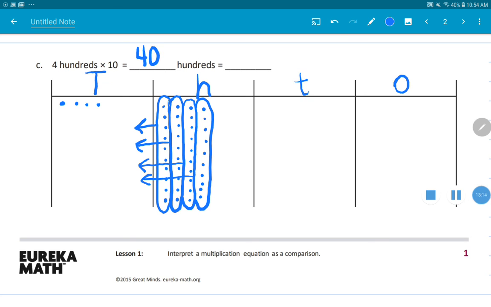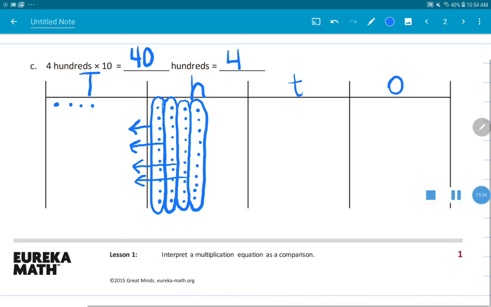And 40 hundreds we proved on our place value chart is the same as 4 what? 4,000.